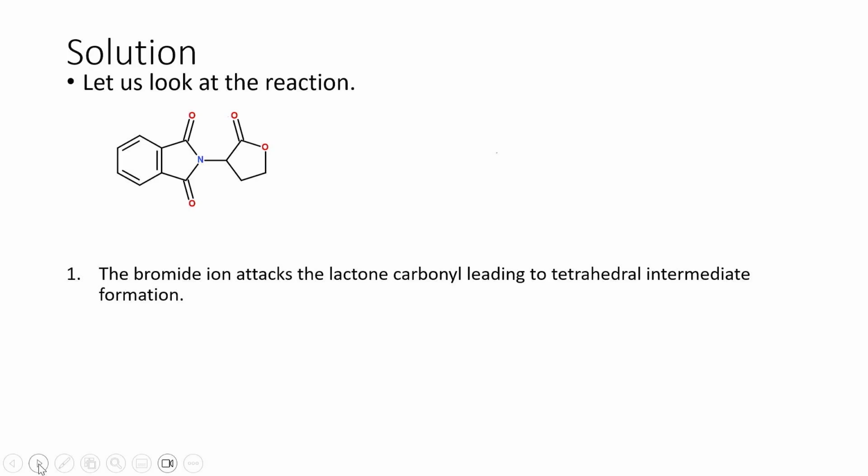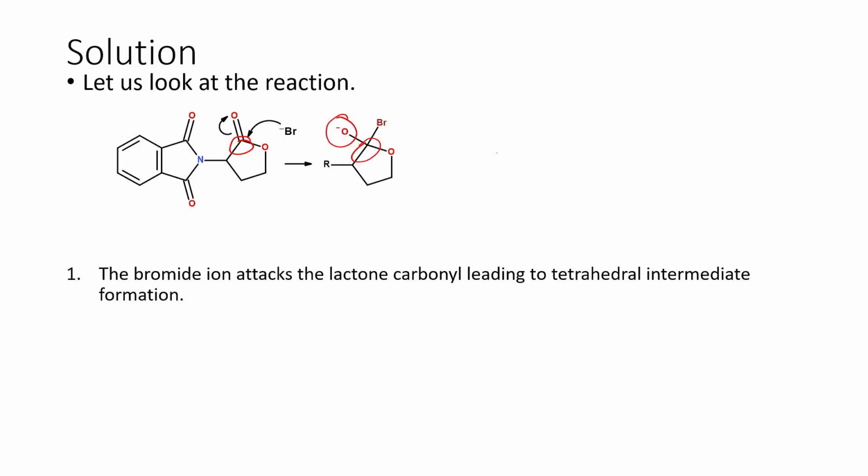The first step is the attack of the bromide anion, because this reaction happens in the presence of HBr. This is the electrophilic carbon, and it is attacked by the bromide anion, with the negative oxygen pulling out the pi bond electrons to become a negatively charged anion, and we end up with the tetrahedral intermediate as shown here.